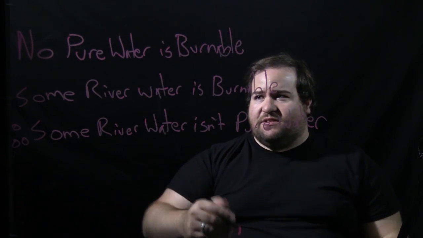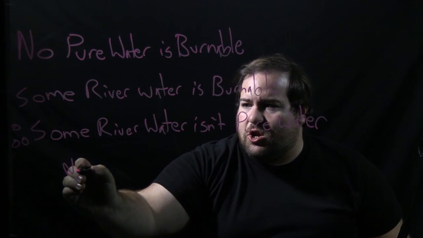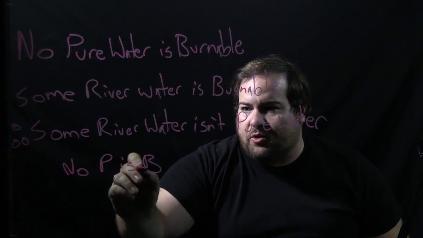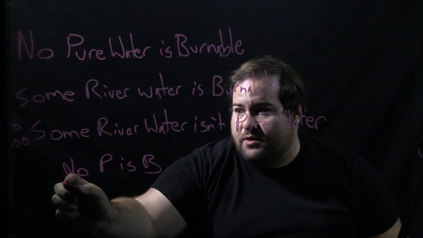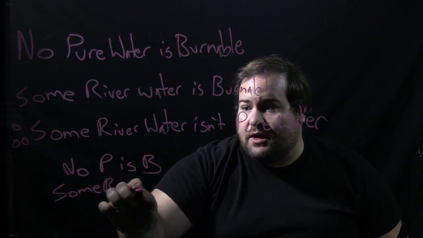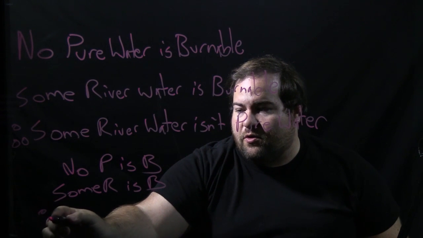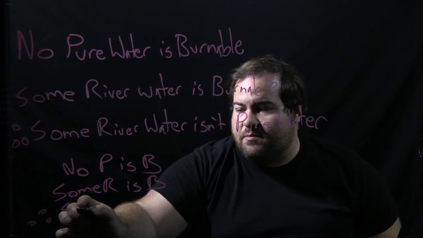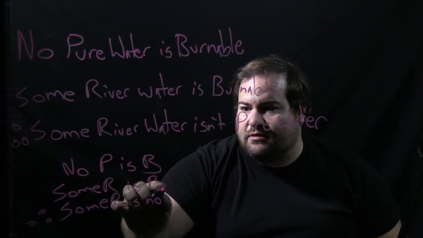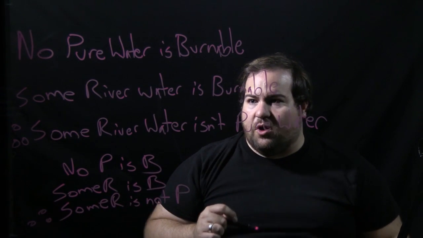And we can represent this in the following way, right? No P for pure water is burnable. B for burnable. Some river water is burnable. Therefore, some river water is not pure water.